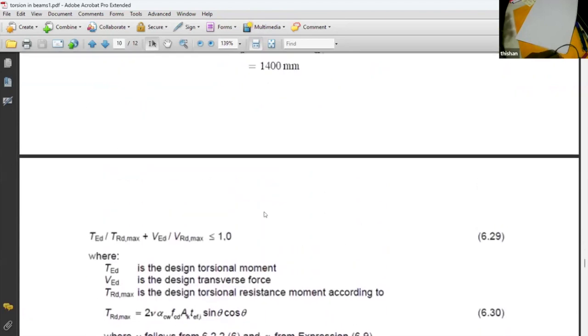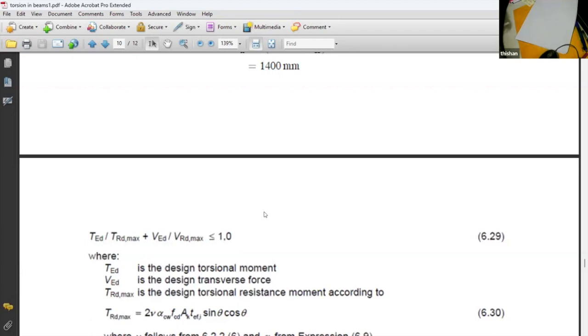Now we are going to do the torsional design. What is the first thing in torsional design? Make sure the torsion is not substantial so that this small section can resist it. Although this 600 by 300 is a significantly large beam, for torsion it's not a large beam. Why? It's a rectangular beam, and on one side it has only 300.